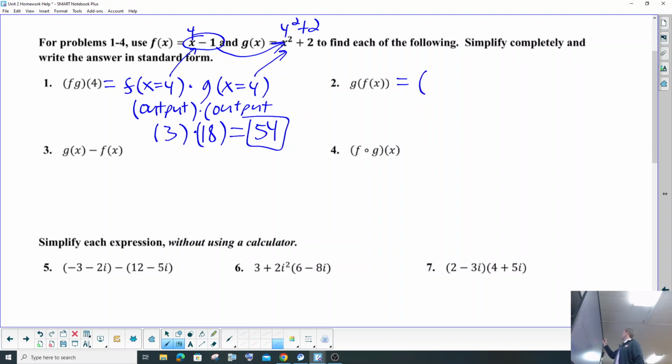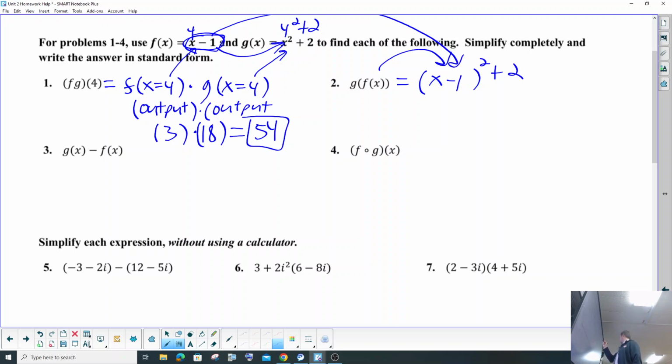So instead of x squared plus 2, which is g of x, we're going to take f, which is x minus 1, and plug that in there. And then that's our new composition function that we have to simplify.